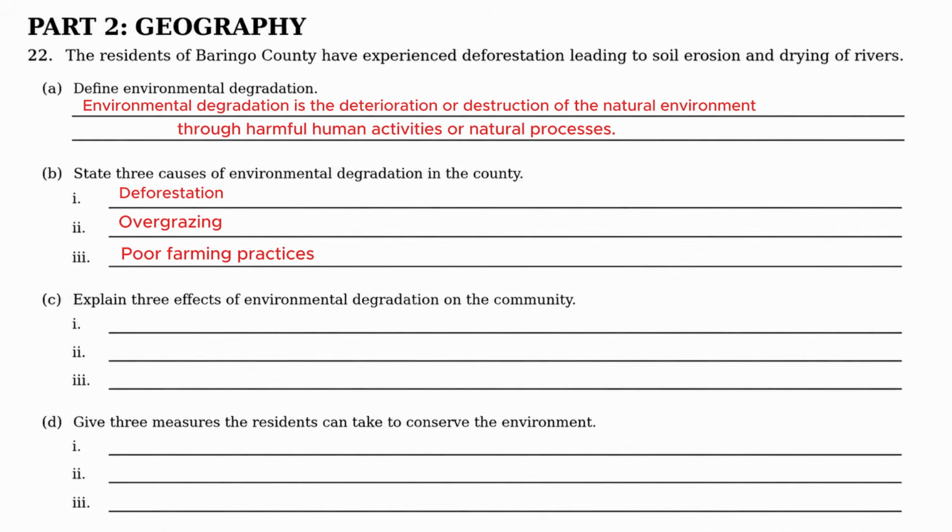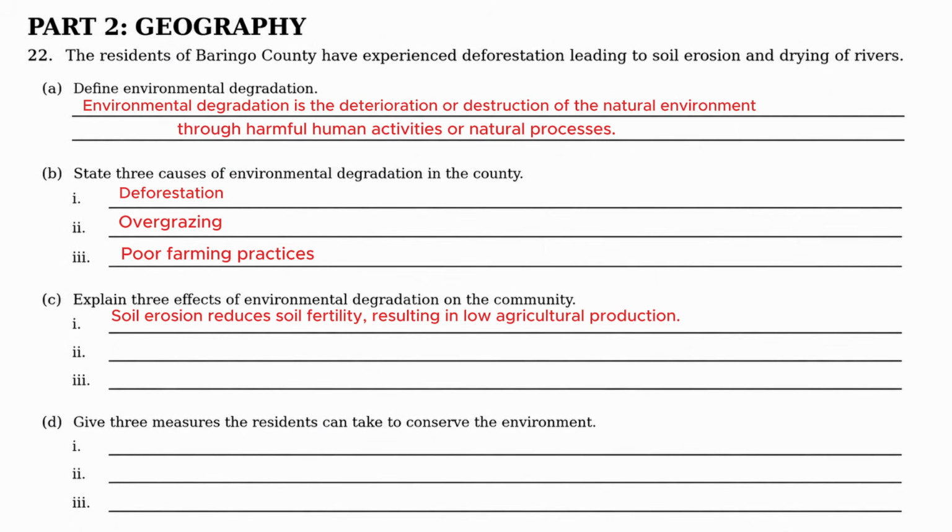And then question C says, explain the effects of environmental degradation on the community. So again here you are supposed to think, when there is environmental degradation, how will it affect this community? And I'm going to give you some options. For example, there will be soil erosion, which will reduce soil fertility, resulting in low agricultural production.